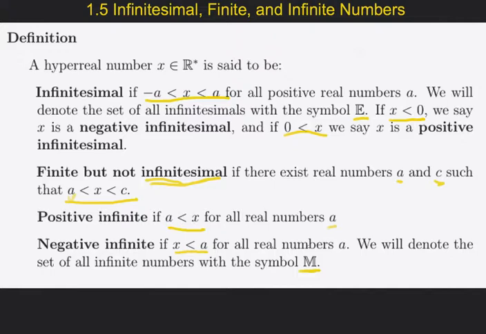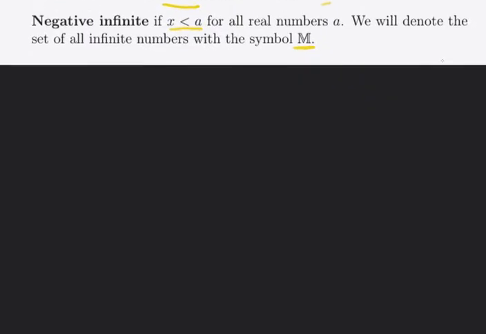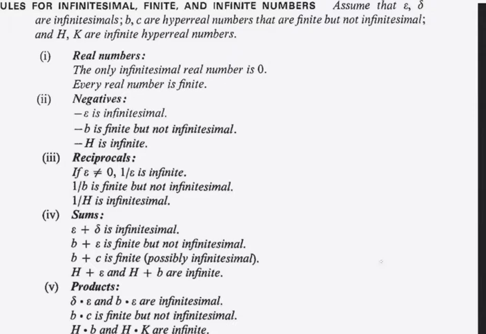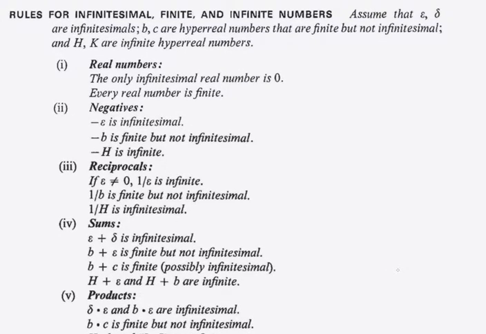So those are our definitions, but now we need some kind of strategy for determining whether a number is infinitesimal, finite, or infinite. This is straight from the book. These are going to be our rules. They should make sense, and I'll try to give some explanations for why these things should be true.